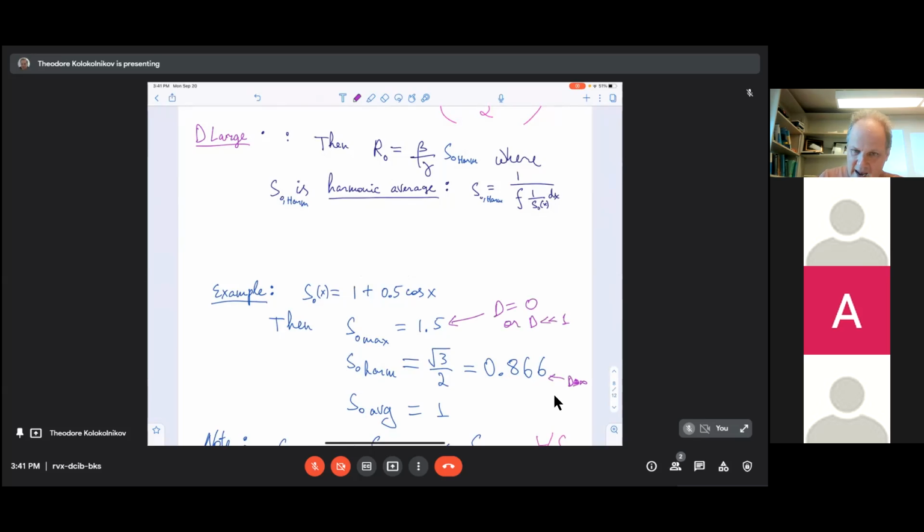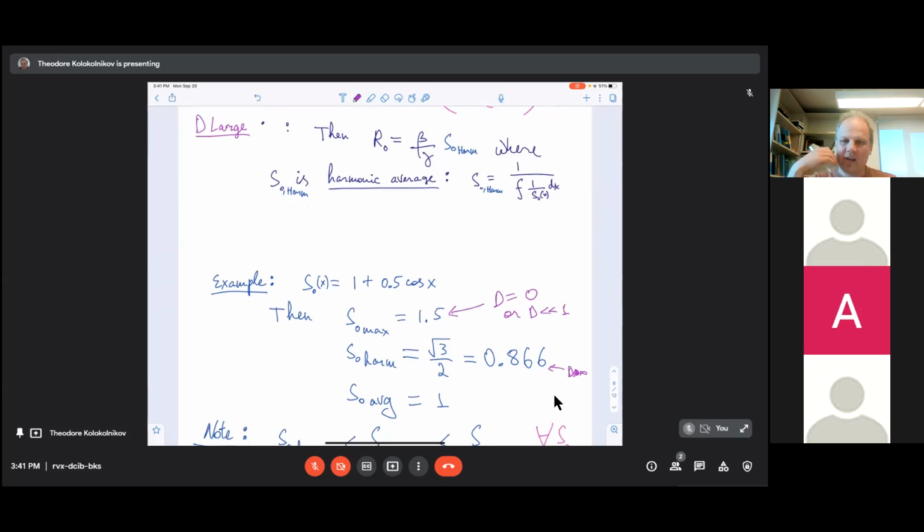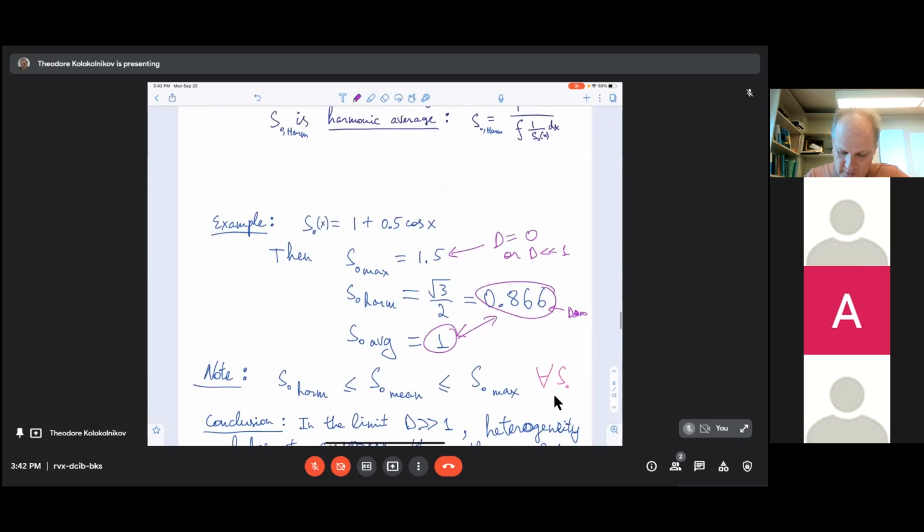And if you look at the average, you might think that if diffusion is very large, then naively you might say the whole population, we can just average over all the imperfections. Like if we just take the average over the entire population, we can use that in our computation of the reproduction number. Well, it turns out that the average is different than the harmonic average. The harmonic average actually is a better measure of the entire population for the purposes of the reproduction number.